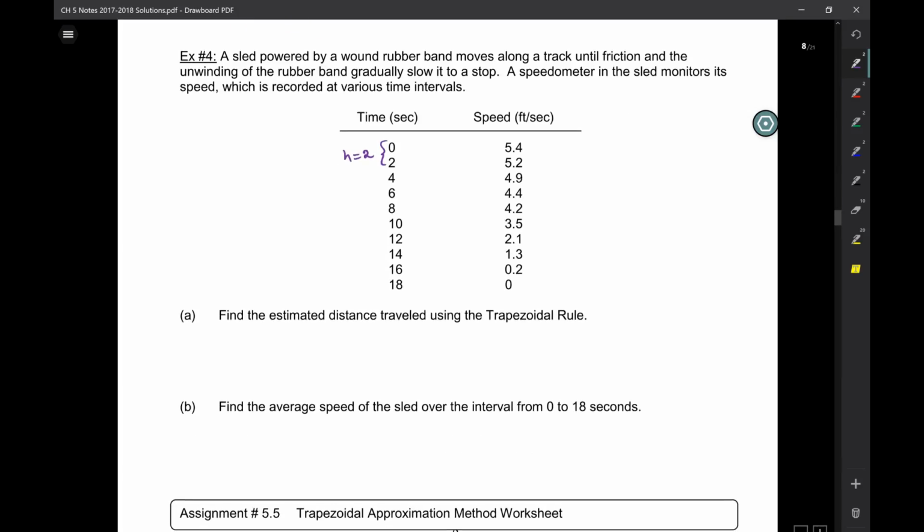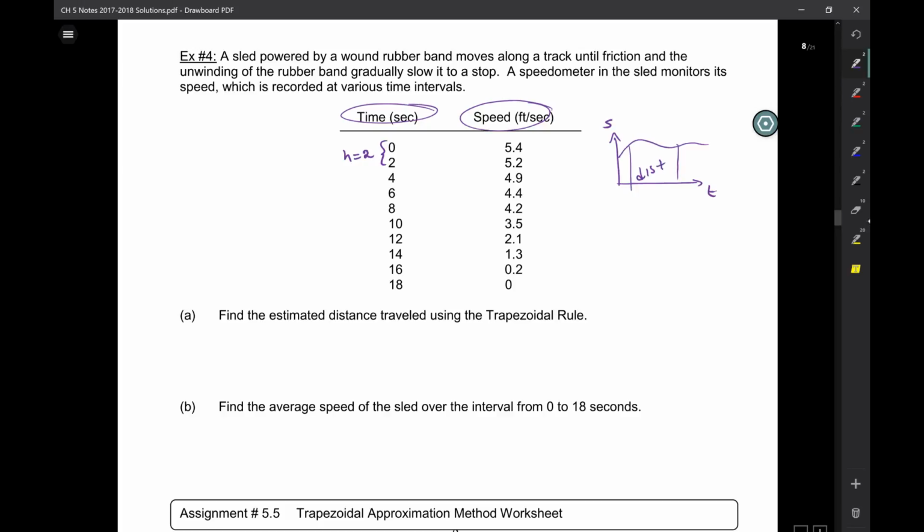And now you need the distance. What we have here, look, this is important. We have time and speed. So this is going to be time and speed. And the area under a time and speed curve is distance. Okay?